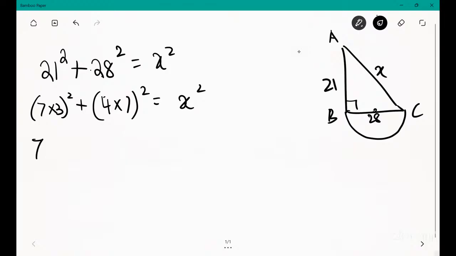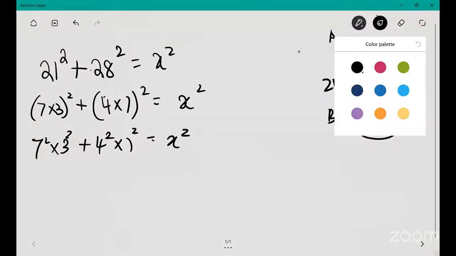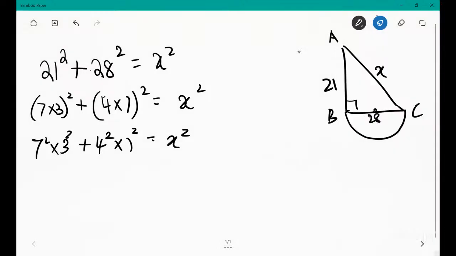Then it will be 7 squared into 3 squared plus 4 squared is equal to x squared.